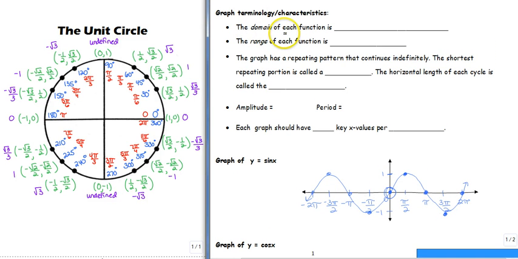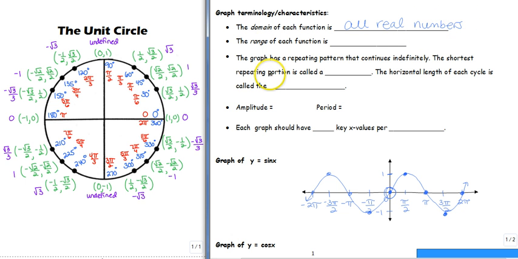Okay, so the domain of each function, we just look at our sine. Domain is possible x values, so that's moving left and right. My wave is going to forever go left and forever go right. So left, right, which means this is going to be all real numbers.